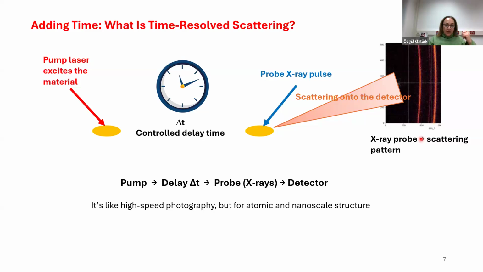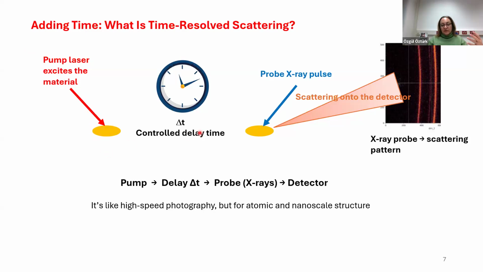Importantly, I can say that the pump and the probe do not need to be the same. The pump, as I said, could be an optical laser, while the probe is X-ray, giving us the atomic and nanoscale sensitivity. If we give some specific examples, let's say you have a gold thin film, then you pump this gold thin film with your optical laser, a powerful optical laser.